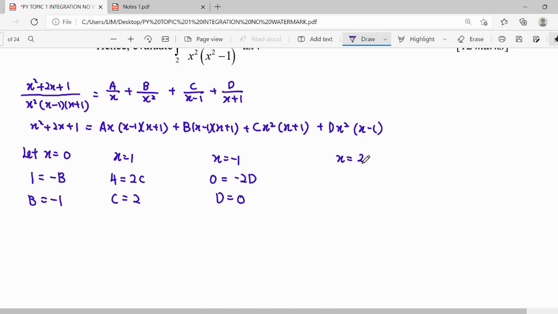So finally we have to calculate for x equals 2. So 2 squared, 4 times 4, 8, 9. So a we don't have yet, so this is 2 times 1, 2 times 3, 6.